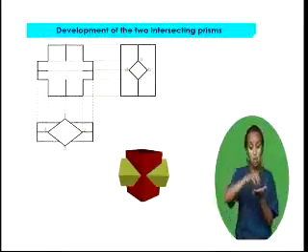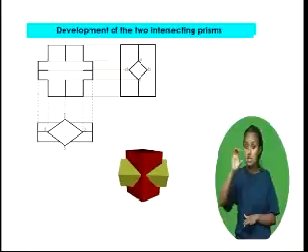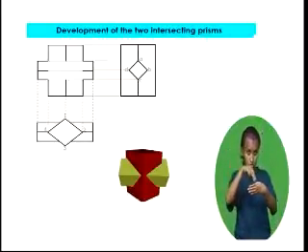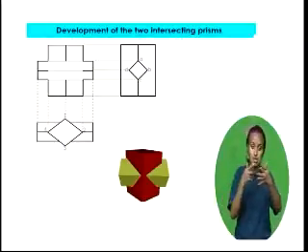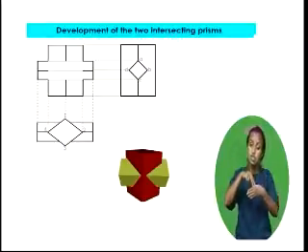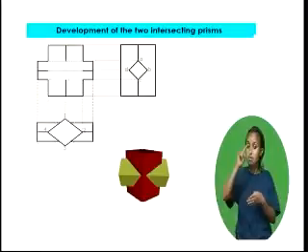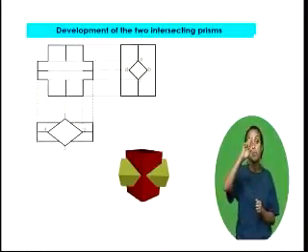Project points A, B, C, and D from end view to top view to intersect the edge view of the lateral surface of the vertical prism, along which the piercing points again lie.